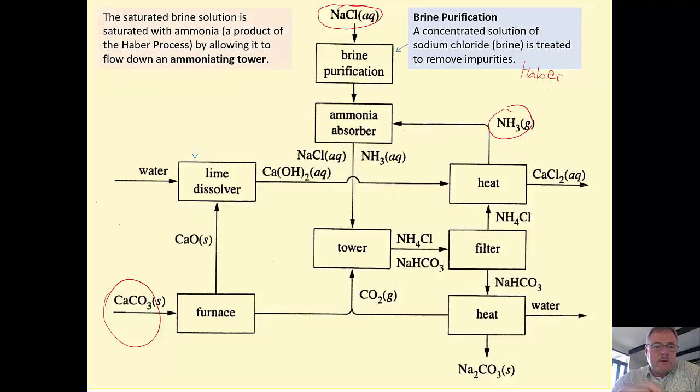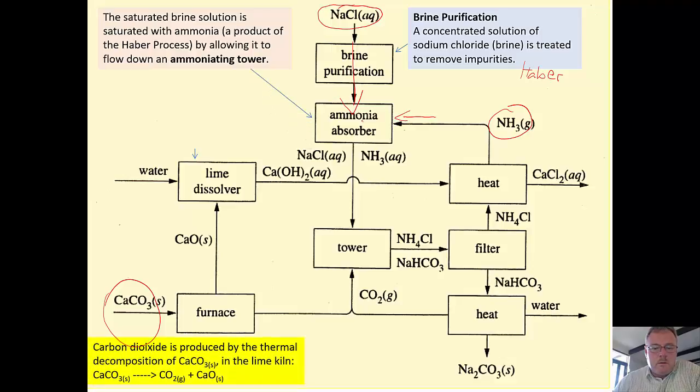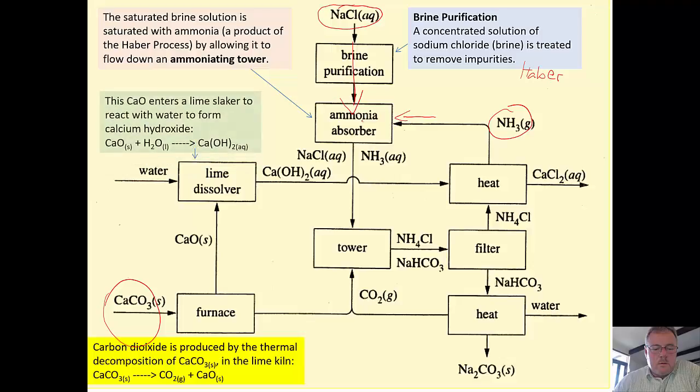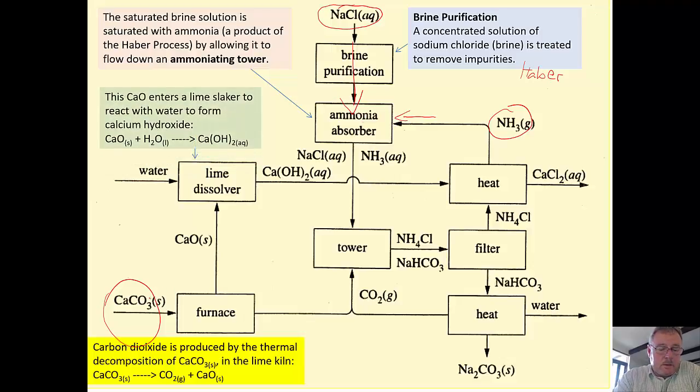We also have this saturated brine solution, which is then put into an ammonia absorber. So we're adding ammonia to it here, and the brine solution comes down. They're mixed together in an ammoniating tower. Carbon dioxide is produced down here in a furnace or a kiln, which is another word for a furnace.